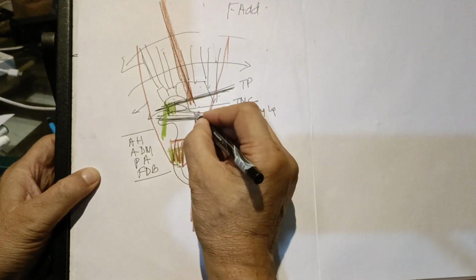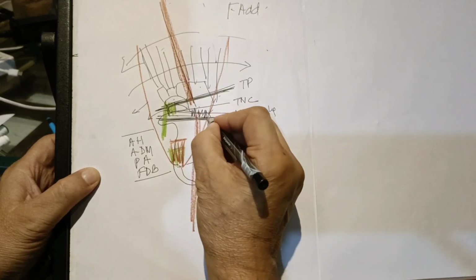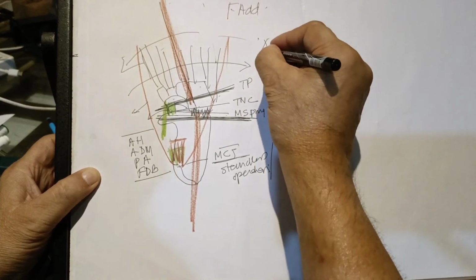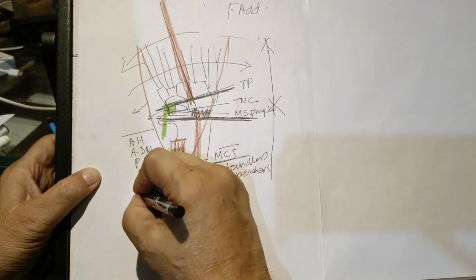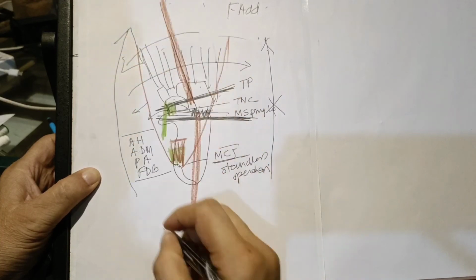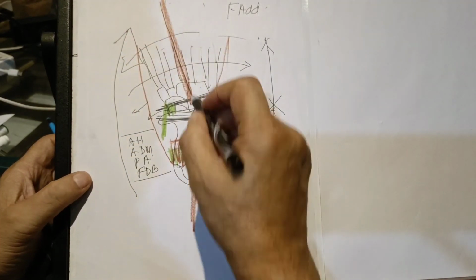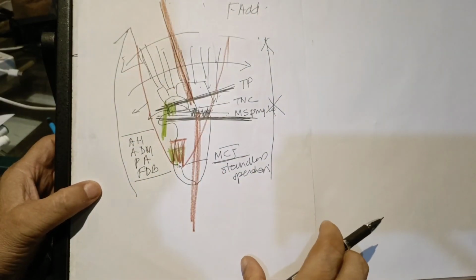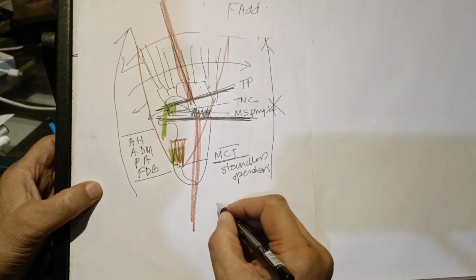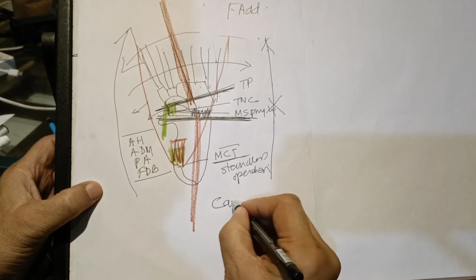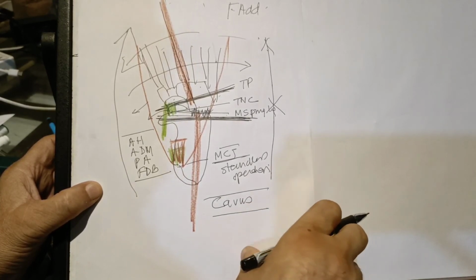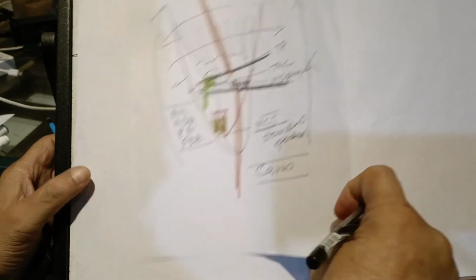The third thing you can do, you can fuse the calcaneo-cuboid joint so that the lateral side would stop growing, the medial side will continue to grow, and therefore this forefoot adduction would be corrected. So this is the surgical correction of forefoot adduction and cavus deformity.